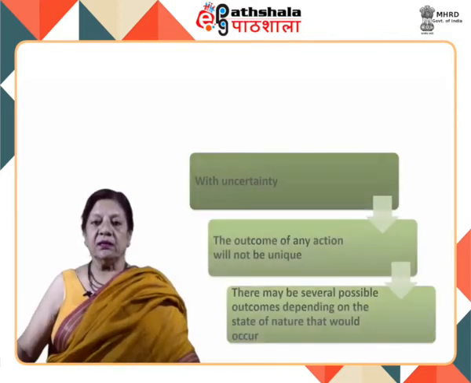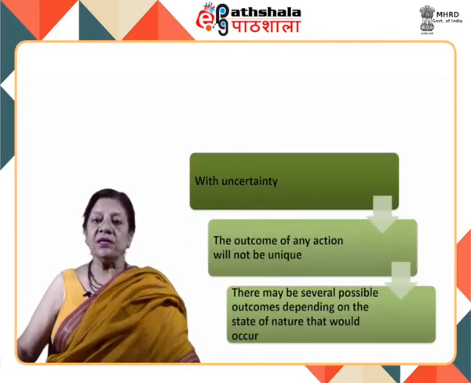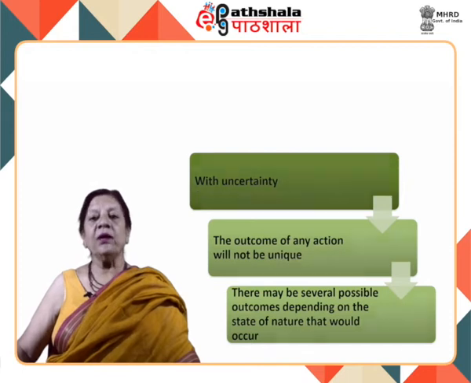It can be seen that with uncertainty, the outcome of any action will not be unique, and that there may be several possible outcomes depending on the state of nature that would occur.